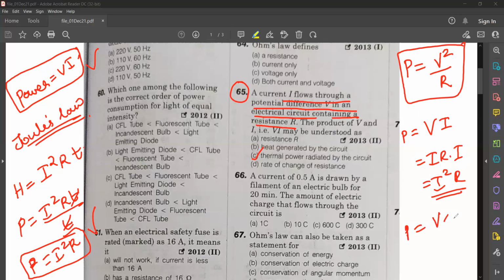Then we know I is equal to V by R, so it is V square by R. So there are three equations for power. Power is equal to VI. Power is equal to I square R. Power is equal to V square by R. Okay, so that is the answer for question number 65, option C.